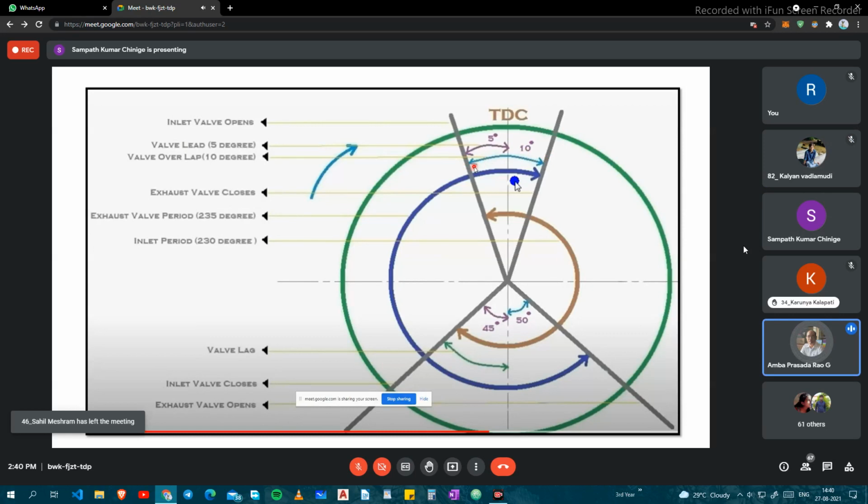But what is happening in practice is the real scenario. For any number of degrees you can calculate. I just showed you for 720 degrees how much time.